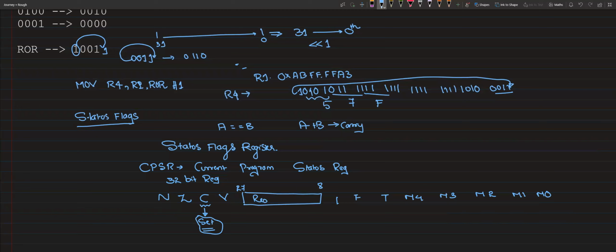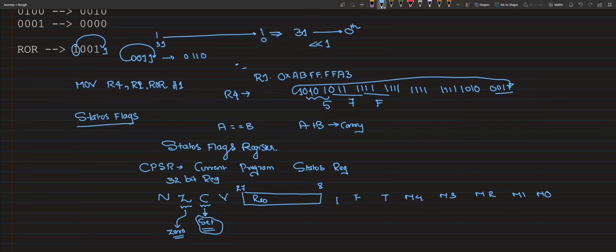While subtraction or addition, whenever you get a carry in the result, this bit will be set. And this bit we call the zero bit, Z. Whenever you perform some arithmetic or logical operation, if the output result is 0, then this bit will be set. That is the zero flag.